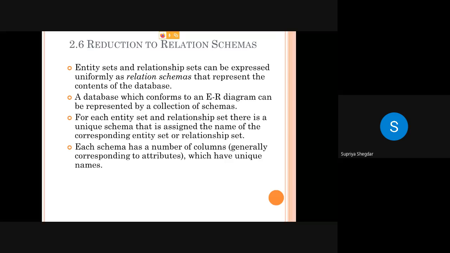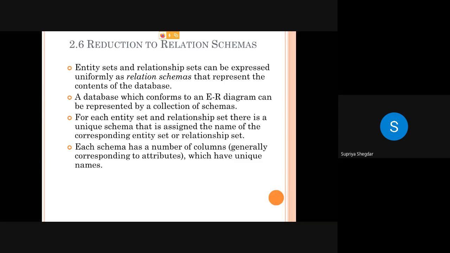Okay, so for each entity set and the relationship set, there is a unique schema that is assigned the name of the corresponding entity set or the relationship set.